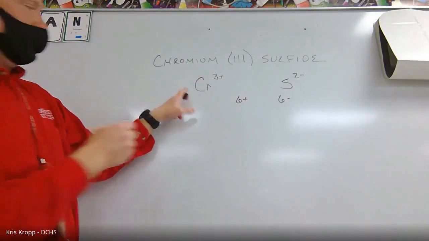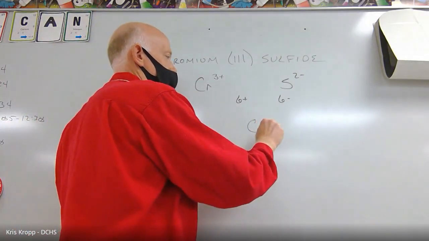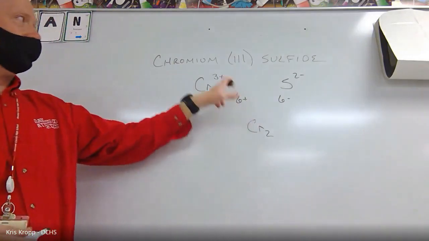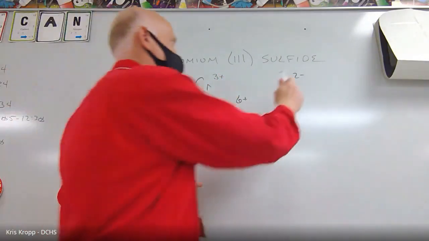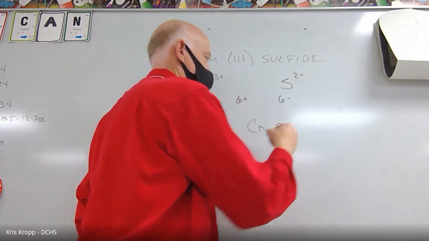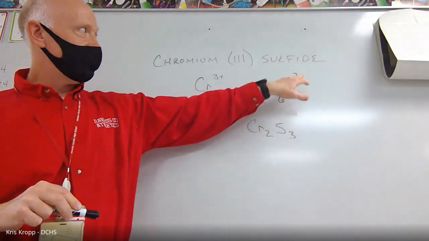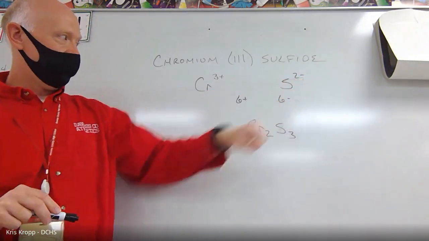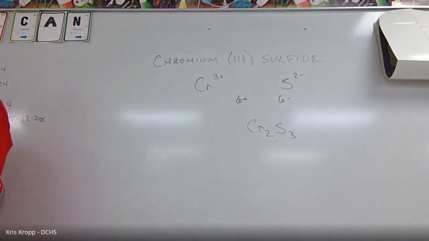How many chromiums will it take me to get to 6 plus? 2 of them. 2 times 3 gives me 6, yeah? How many sulfides does it take me to get to -6? 3 of them. Again, 3 times -2 is -6. So the formula is Cr2S3. Any questions?